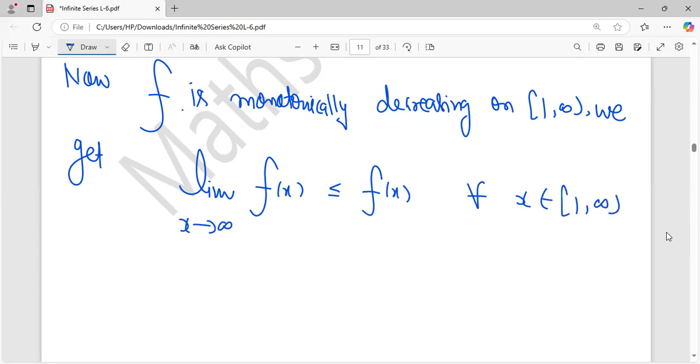If I take x tending to infinity, so it is decreasing.